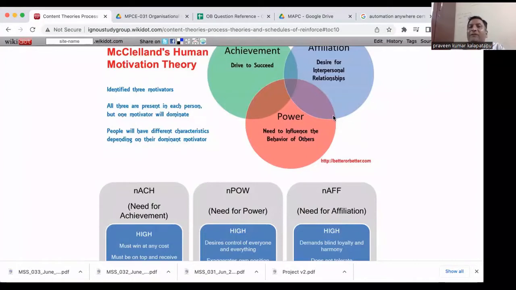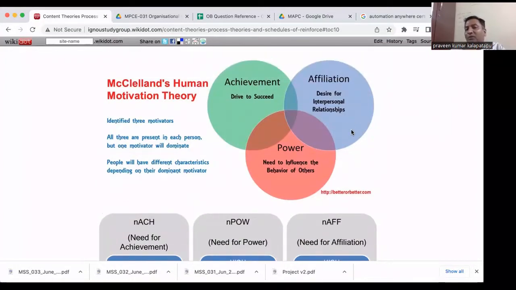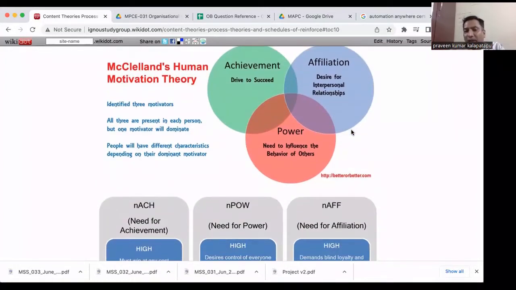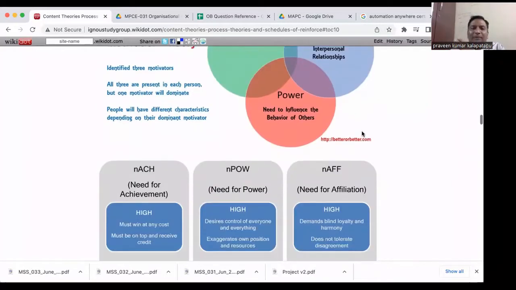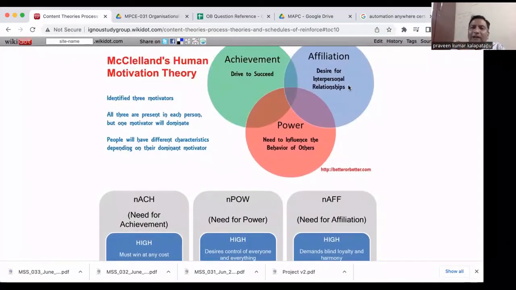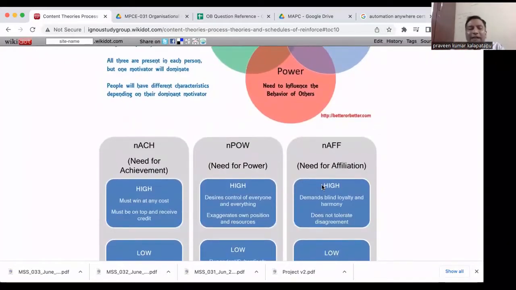Similarly, when you have affiliation, you might be a good communicator and might have a job with more interaction with people, like event management, which drives that interpersonal relationship. So depending upon which is your dominant trait, you might be good at certain things and low at certain things, right?